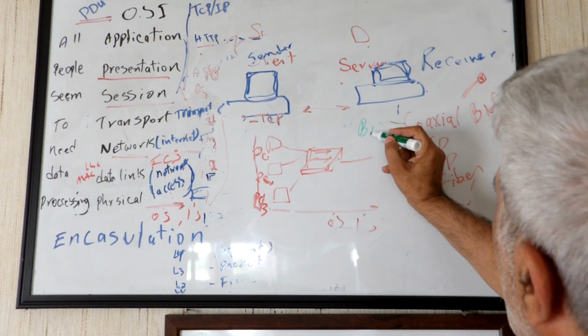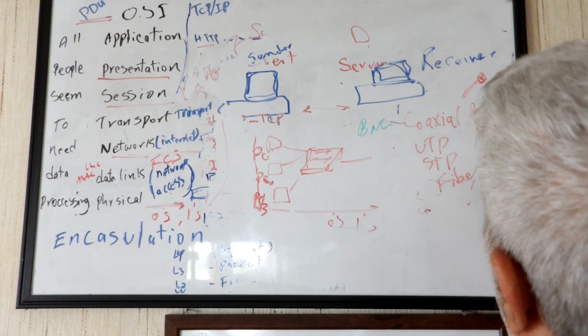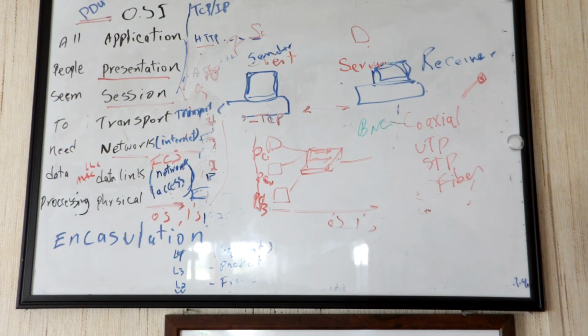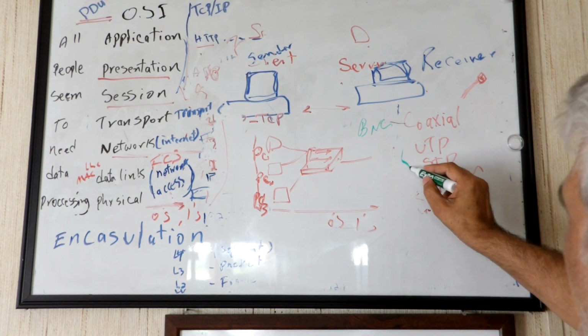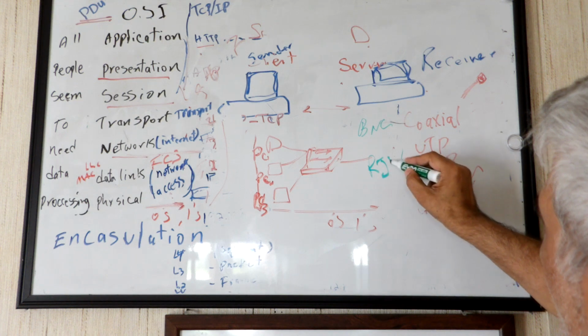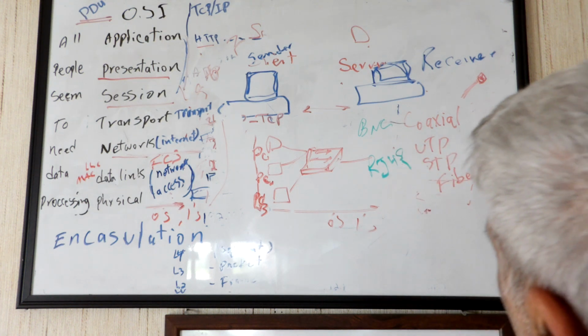For UTP, unshielded twisted pair, and shielded twisted pair, we have RJ45, the connector.